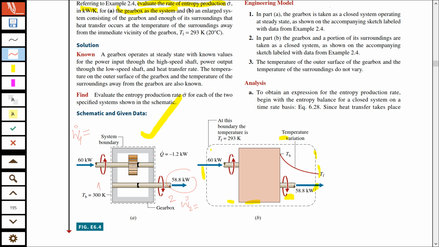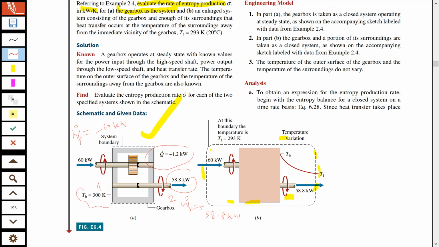And now we are not dealing with cycles here, so the sign must represent whether it's in or out. Now this is work done by the system, so this would be plus 58.8 kilowatt, and this will be minus 60 kilowatt, because this is into the system. Q is already given.